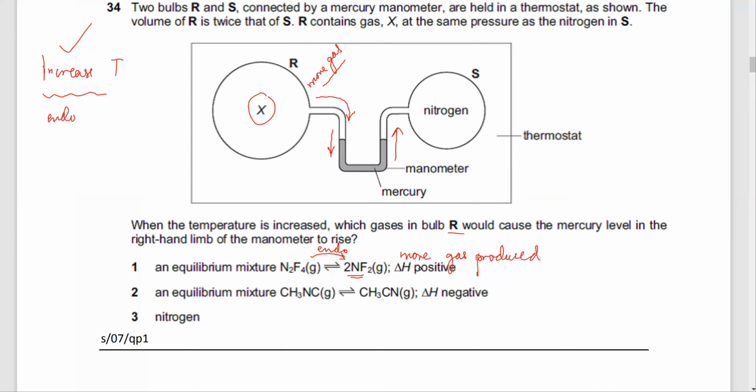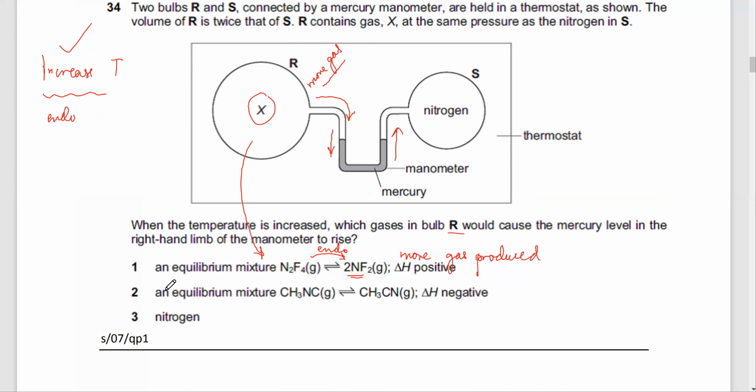So he's asking what could be present in R. If this equilibrium mixture is present, then if you increase temperature, all of a sudden there's going to be more gas, because the equilibrium would shift in the forward direction, and more gas would push this level downwards.